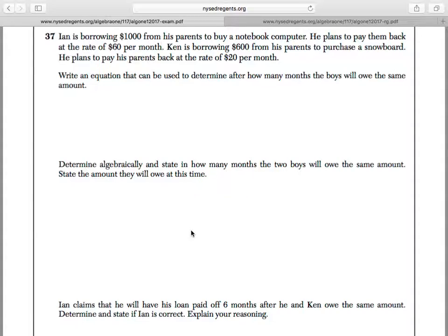Now, Ian borrows $1,000. Let's break this down here. I like to put lots of notes. He plans to pay back $60 per month.